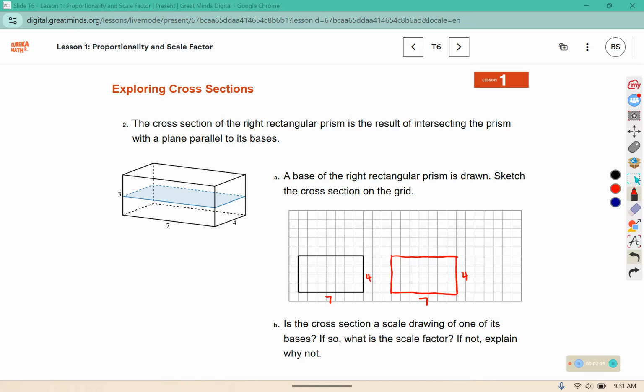Is the cross-section a scale drawing of one of its bases? If so, what is the scale factor? And if not, explain. It is, and the scale factor when you create identical shapes is 1.